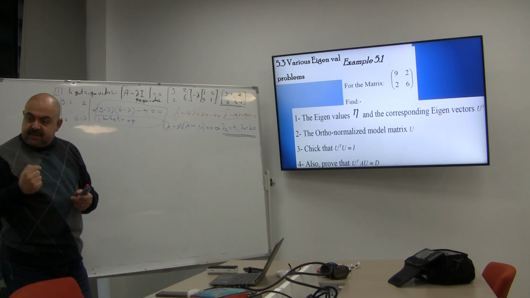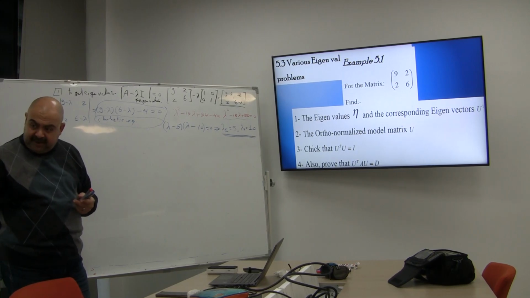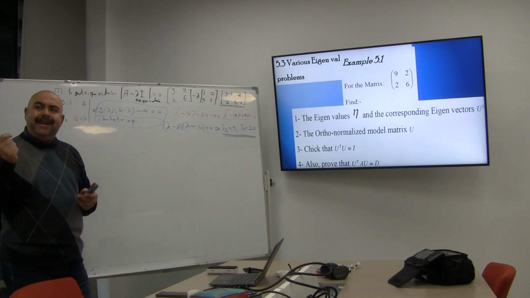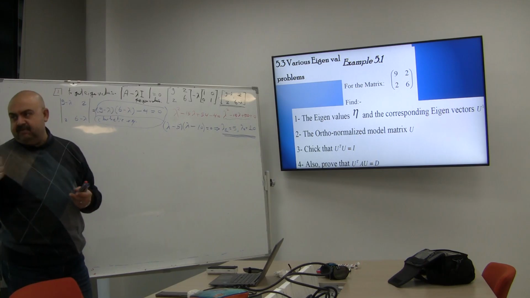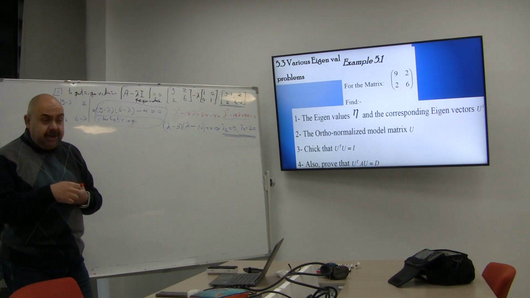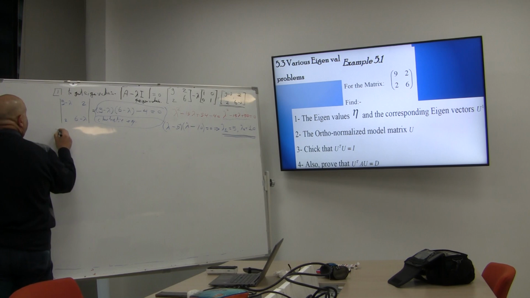Remark, this is a 2 by 2 matrix, so I end up having only two eigenvalues. Each eigenvalue will be assigned to an eigenvector. So I will once more try to solve the system of homogeneous equations, which is the second step.